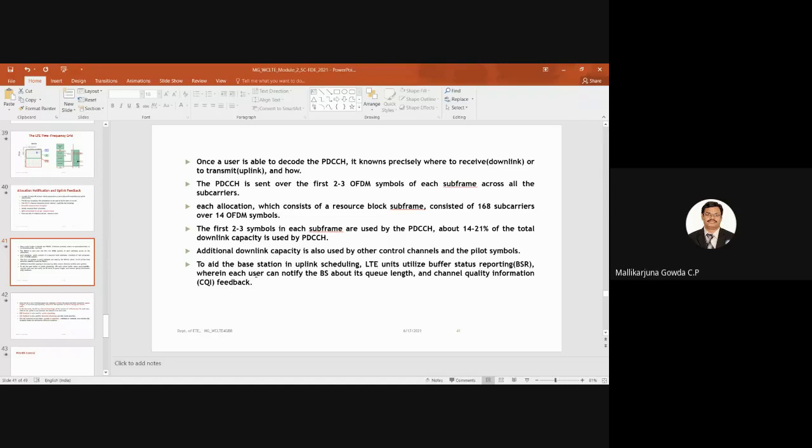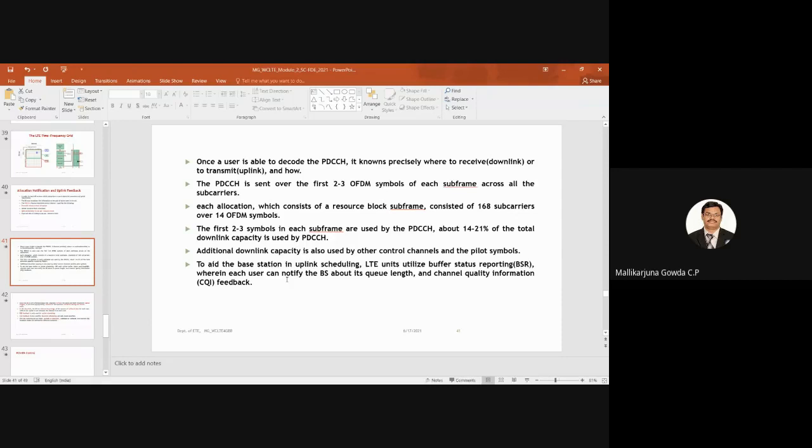To aid the base station in uplink scheduling, LTE units utilize buffer status reporting, that is BSR.